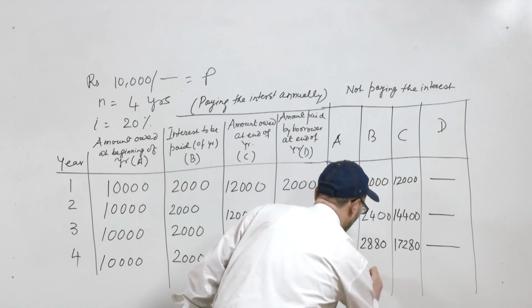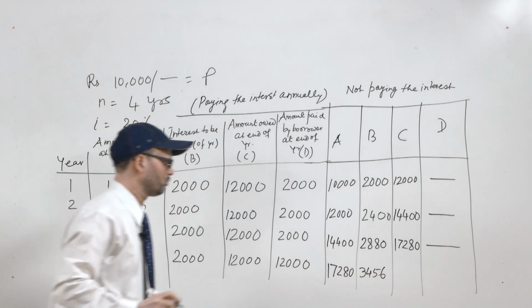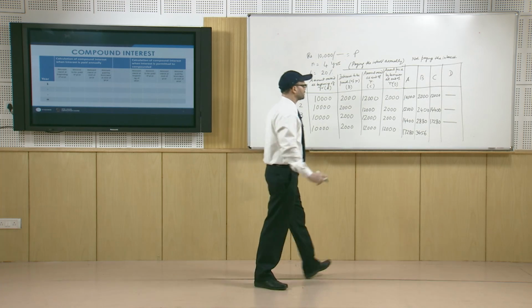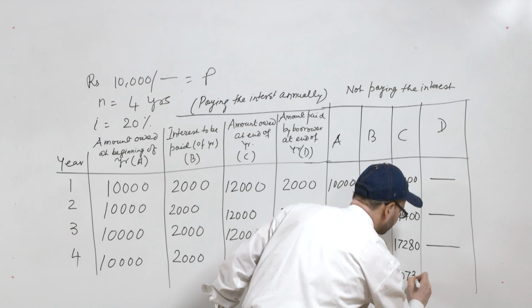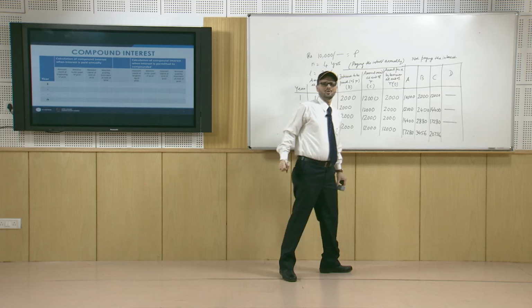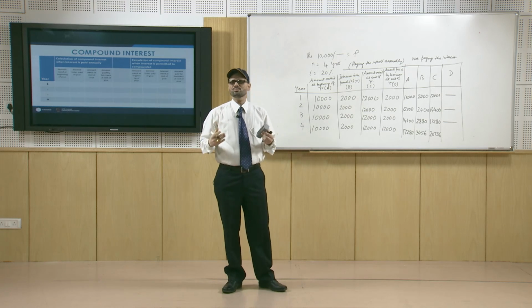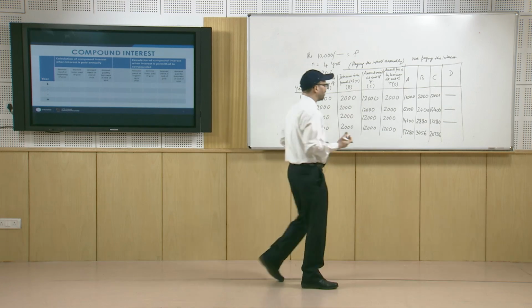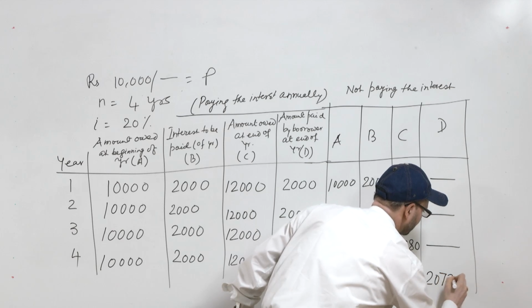So, it will be 3,456, and this comes out to be 20,736. So, ultimately at the end of the fourth year he has to pay the full amount, and this amount comes out to be 20,736.